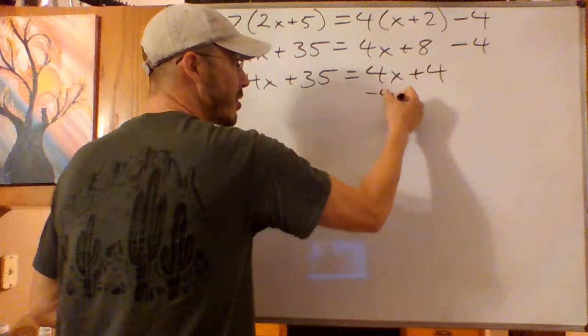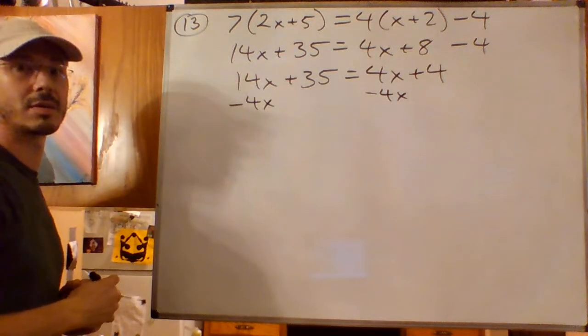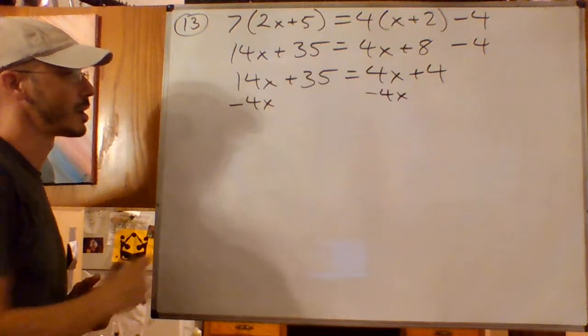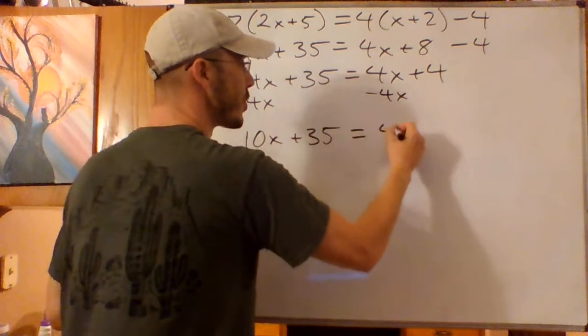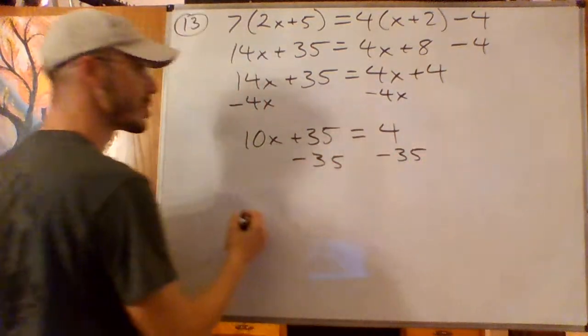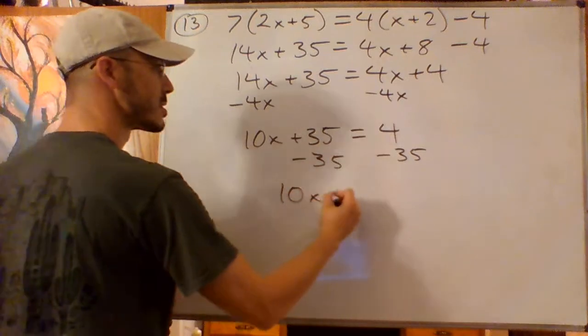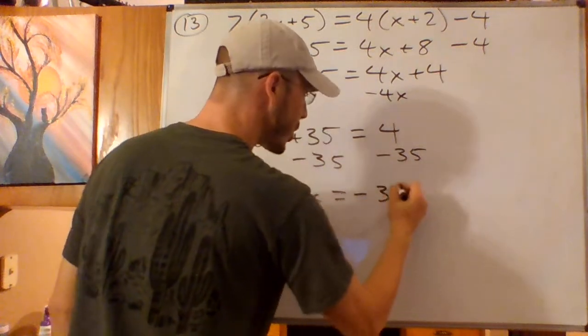If I subtract that 4x from both sides, I get 10x plus 35 equals 4, and then subtract 35 from both sides. 10x equals negative 31.